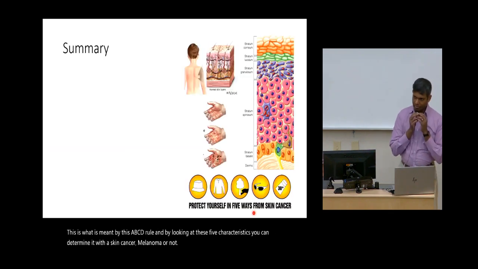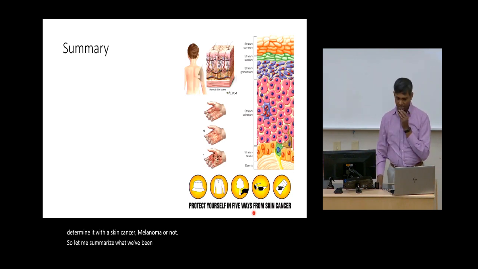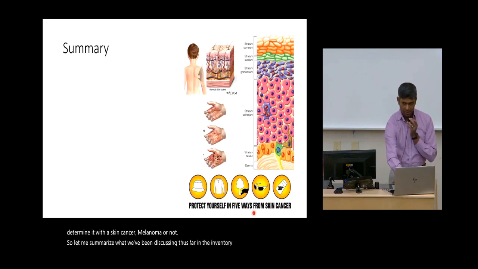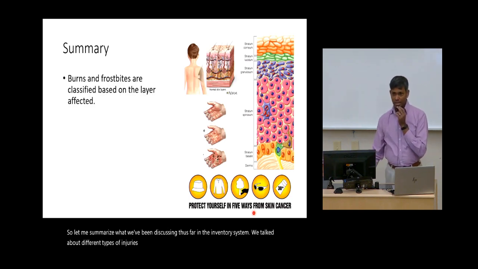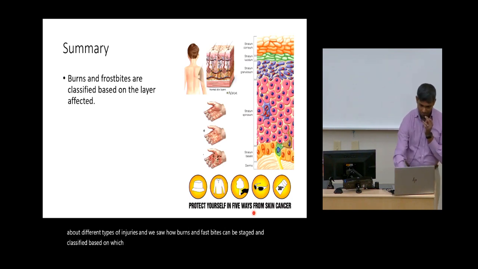So let me summarize what we've been discussing thus far in the integumentary system. We talked about different types of injuries, and we saw how burns and frostbites can be staged and classified based on which layer is affected.